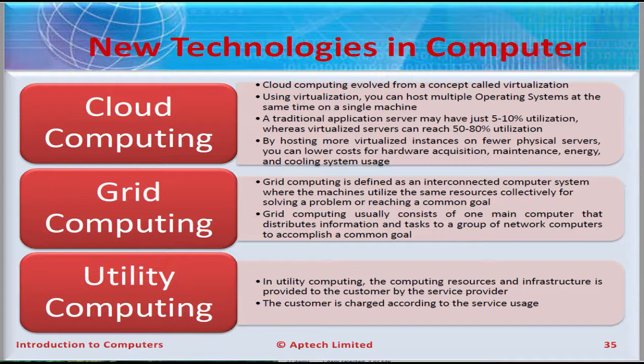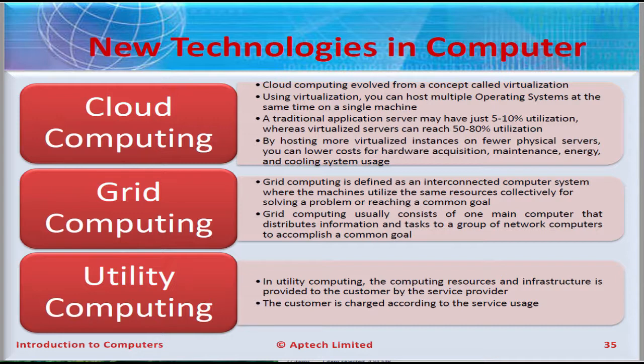Of course, it must have a very good processor and lots of RAM, because every machine is going to require some RAM from the host computer. A traditional application server may just have 5 to 10% utilization, whereas a virtualized server can reach 50 to 80% utilization. By hosting more virtualized instances on fewer physical servers, you're able to lower the cost for hardware acquisition, maintenance, energy and cooling system usage.